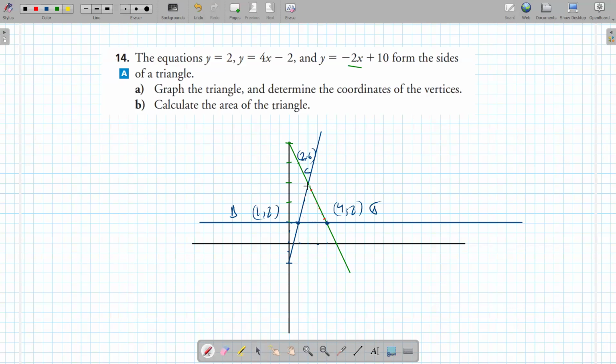You see the height is this. That's your height. Because it's perpendicular, right? The altitude of a triangle, the height of a triangle always has to be perpendicular. So that's going to be your height, which is 1 unit, 2 units, 3 units, 4 units. So the height is 4 units.